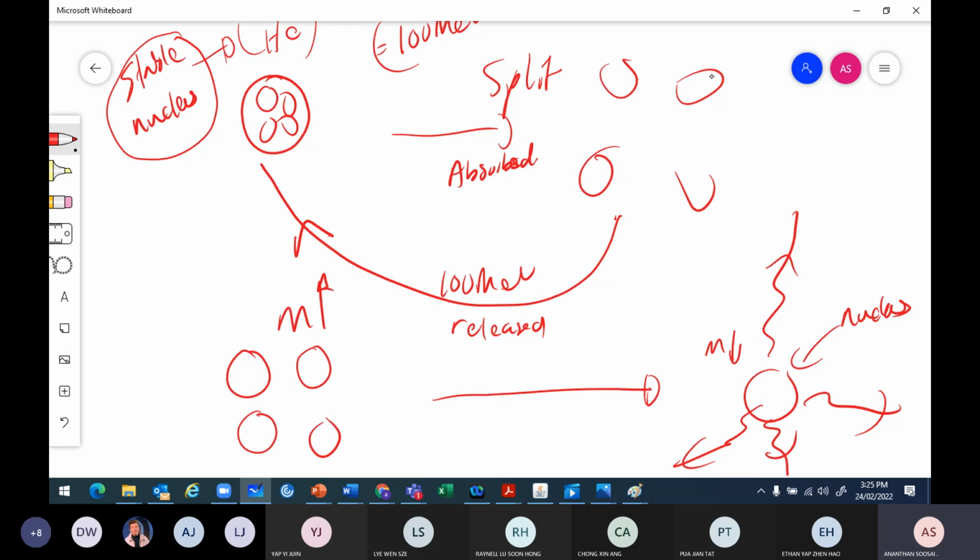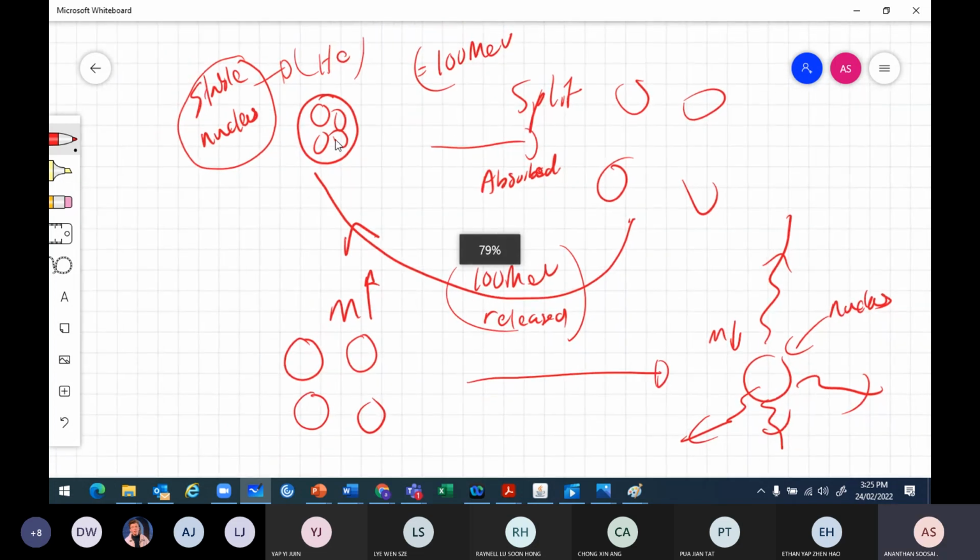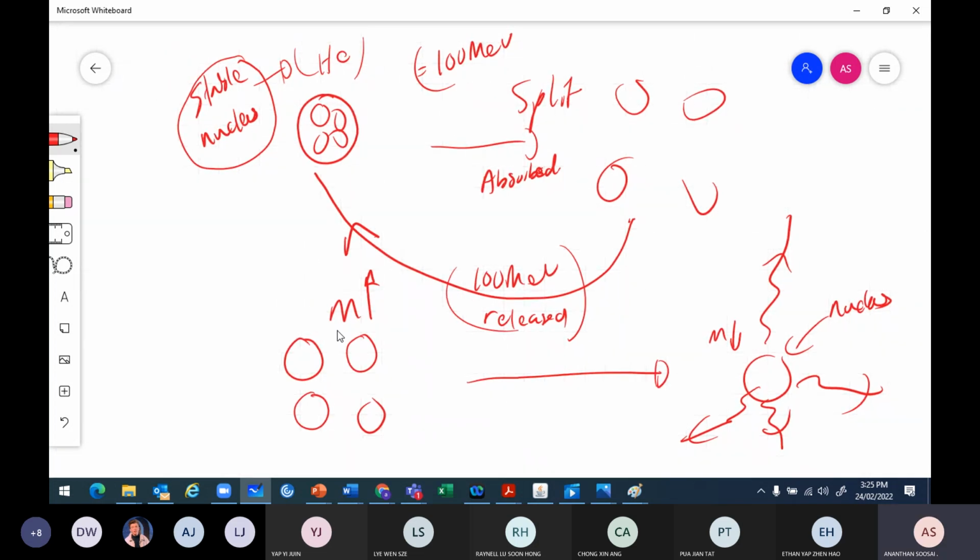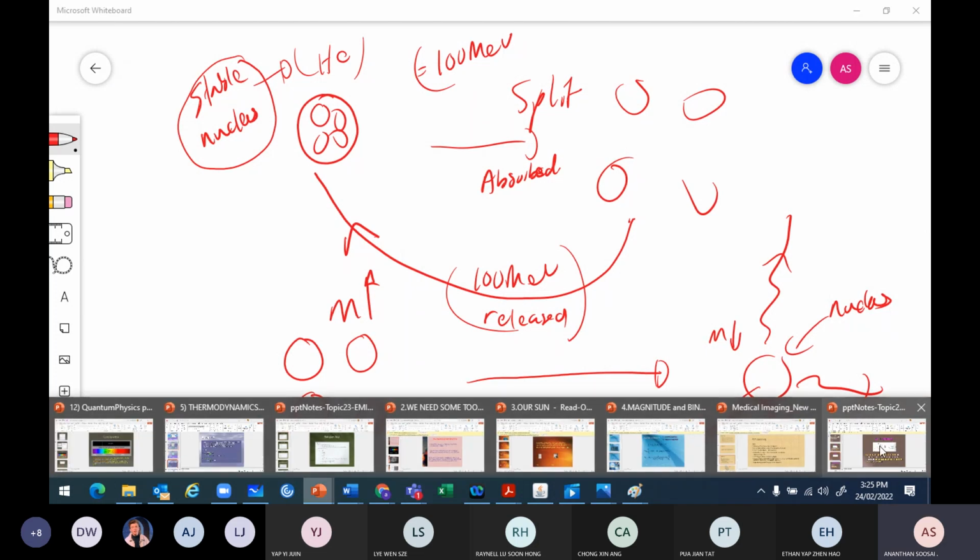So when subatomic particles combine to form the nucleus, energy will be released. When the nucleus splits into nucleons, energy will be absorbed. Of course, to dismantle a stable arrangement you have to do work and supply energy to break them. And they form by themselves naturally. This is only for a stable nucleus.